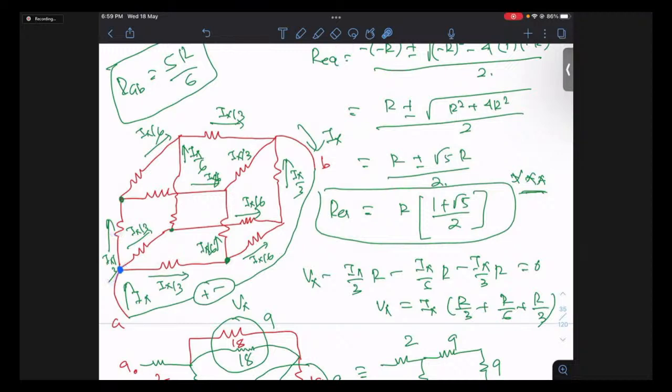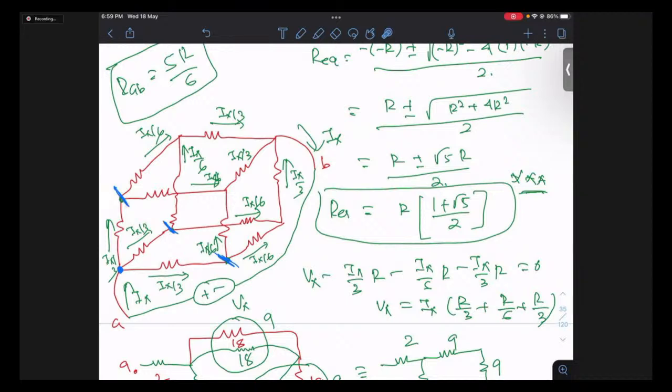Because the currents are the same in this and this, the drops will also be the same. So definitely these 3 points are at equipotential. If I connect any element between these points, it can be replaced by a short circuit, open circuit, or whatever it is.